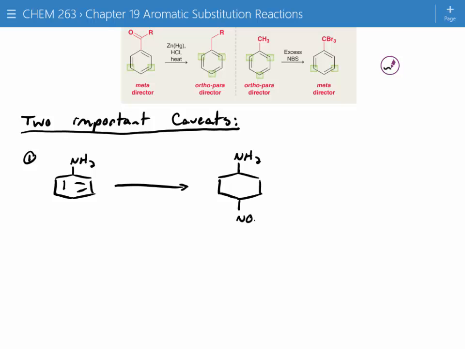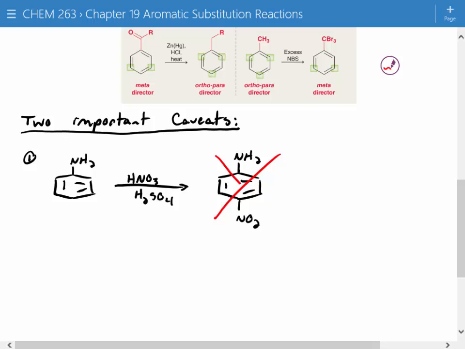Let's say I want to do nitration on this and install the nitro group into the para position. This looks fine on paper. What reagents would we need? Nitric and sulfuric. So HNO3 and H2SO4. The problem with this reaction is it doesn't work.